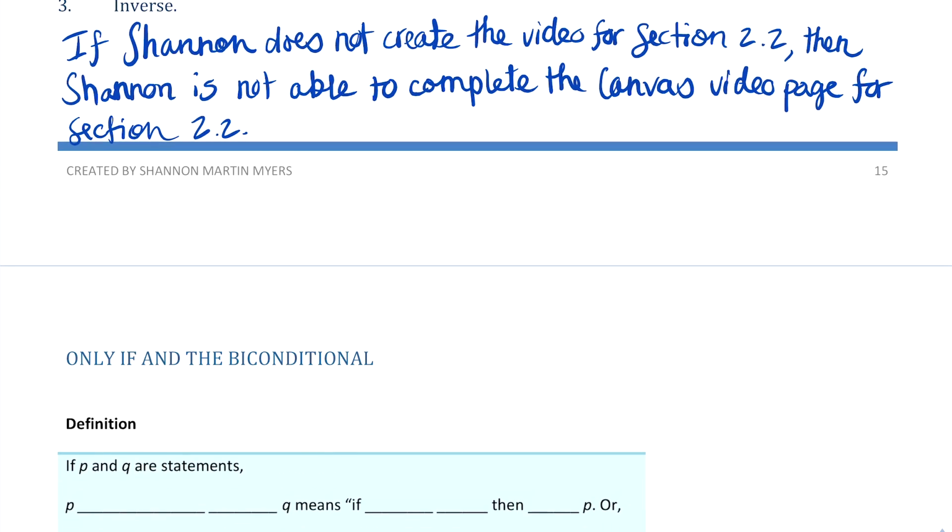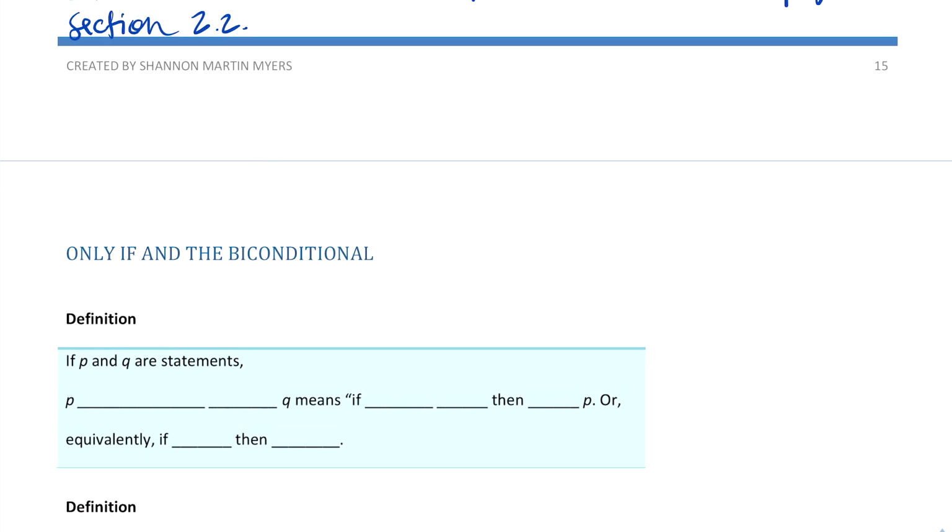All right, so that's just a little example of working with the actual words and being able to negate things and all that good stuff.